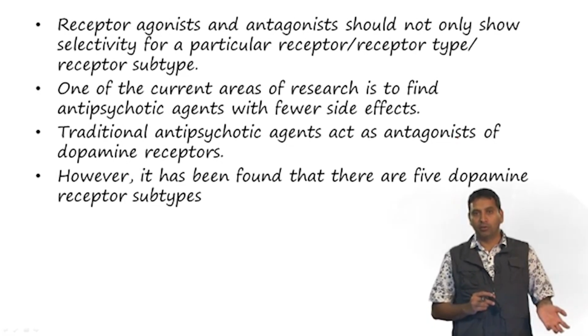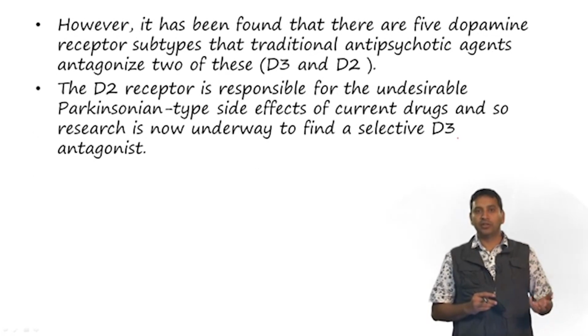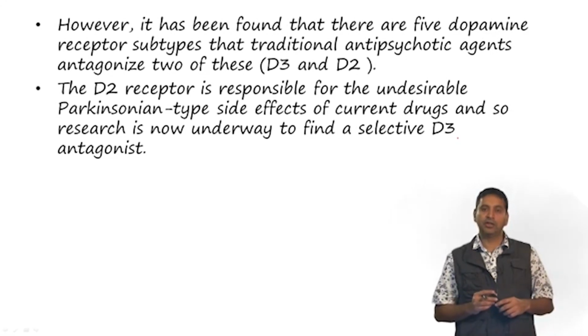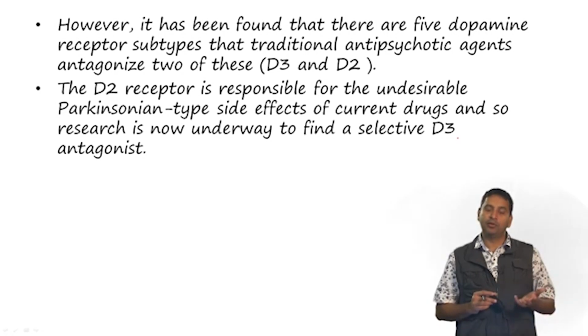However, it has been found that there are 5 dopamine receptor subtypes, and the traditional antipsychotic agents antagonize 2 of these, which are D3 and D2. But the D2 receptor is responsible for the undesirable Parkinsonian type side effects of these currently used drugs, and so we need to find a way to only hit D3 rather than D2.